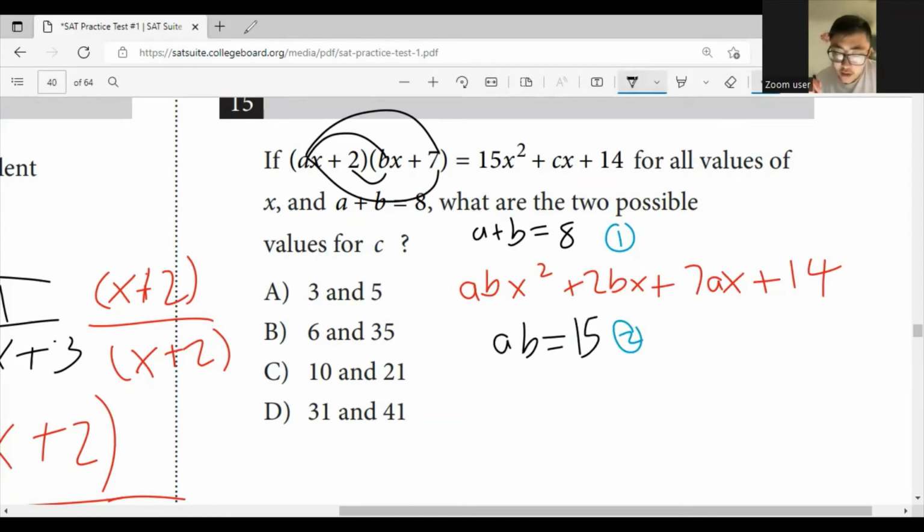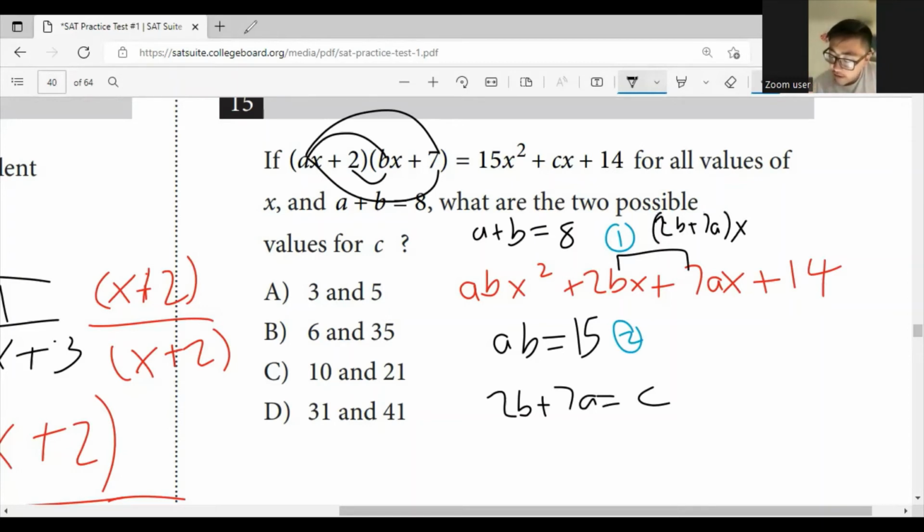All right. Now I need to figure out maybe what a and b are, but at the end of the day, I still need to know what c is. Okay, and I also know 2b plus 7a equals c, because if I add these together, this will give me 2b plus 7a times x, right?